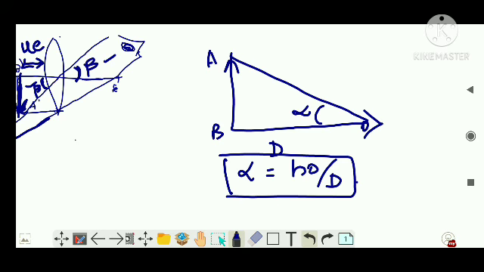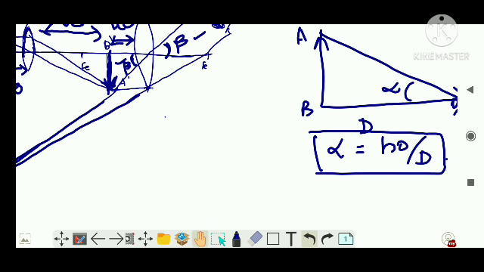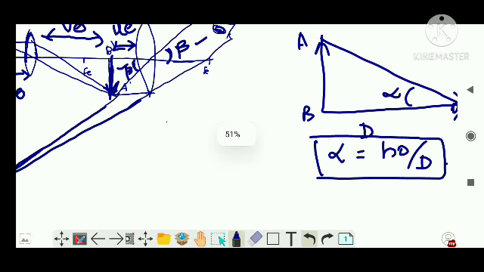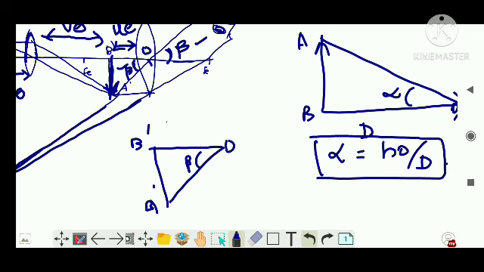Now in this figure, I have a triangle. Let's say this is O, this one is O. So I can make a triangle like this. This is beta, this is B dash, this is A dash, and this is O. Clear? So can I write tan beta, or just beta, is equal to A dash B dash by UE?